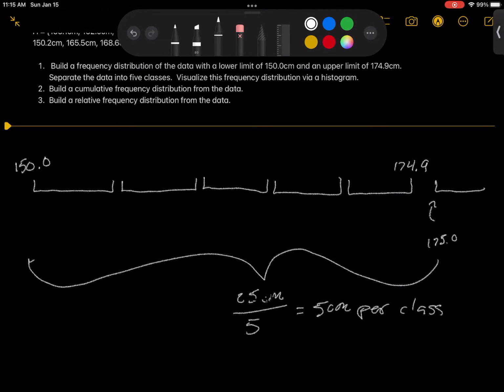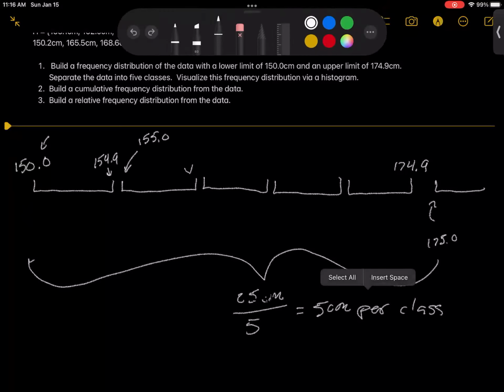So my class width here is going to be 5 centimeters, meaning that my first class is going to go from 150.0 to 154.9, because my next class picks up at 155.0. Right, remember, class width is defined as lower limit minus lower limit.